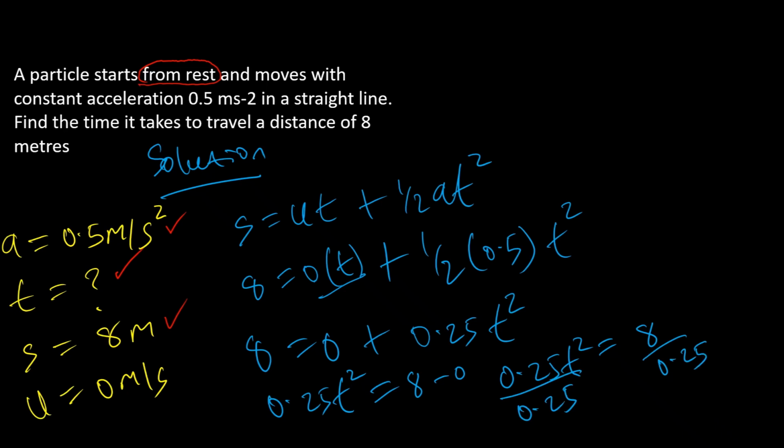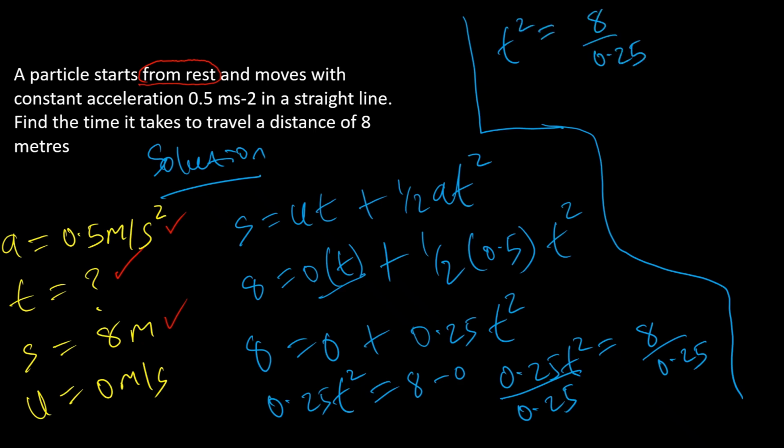So you're going to have t square will be equal to 8 divided by 0.25. So 8 divided by 0.25 will give us 32.